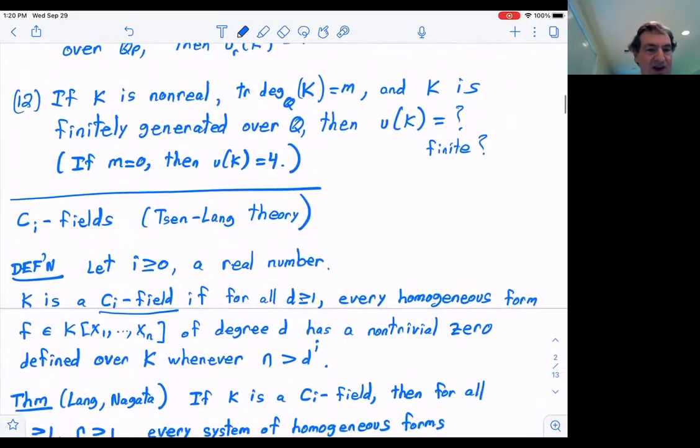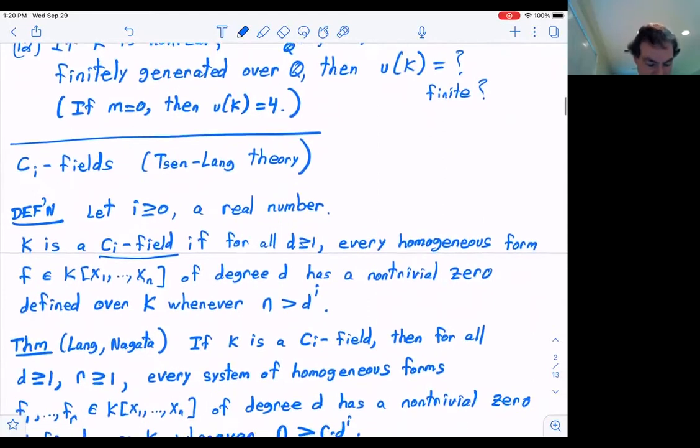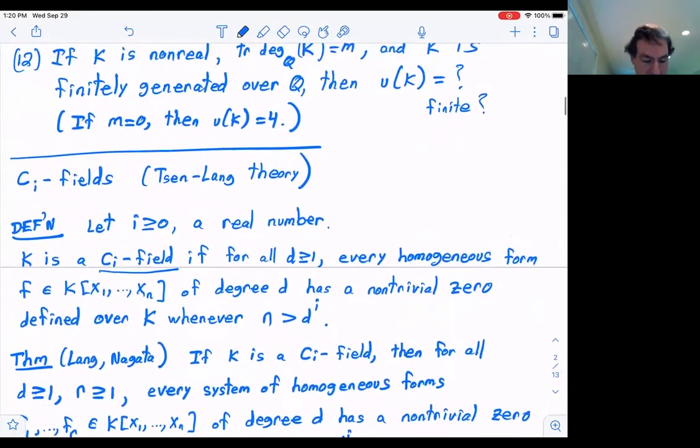These are the so-called C_i fields, or Lang's theory. So let me make this definition here. Suppose i is any real number greater than or equal to 0.